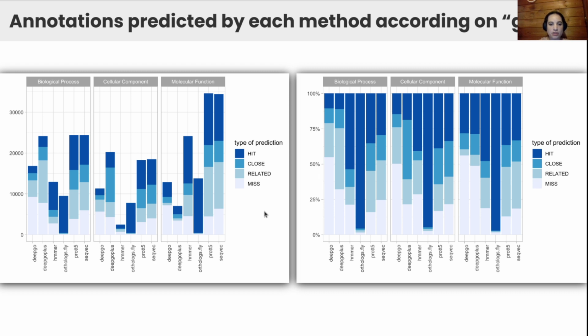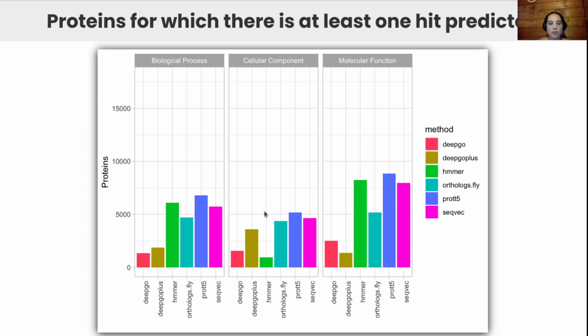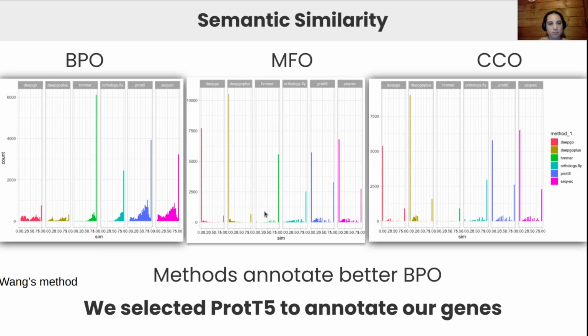And here in percentage we represented the same. The number of predictions with specificity is bigger in the language models compared with the conservative methods than with DeepGo and DeepGo Plus. So in order to represent those numbers in number of genes with at least one prediction, we can extract that Prot5 is giving more genes annotated than SecVec and the rest of them.